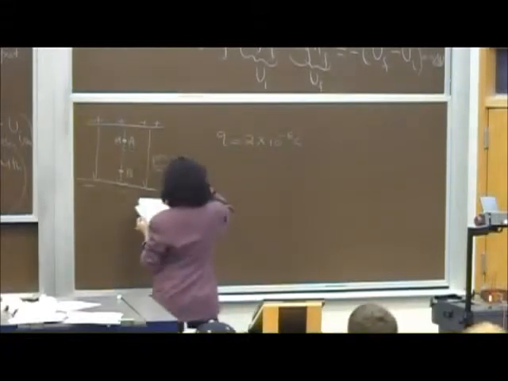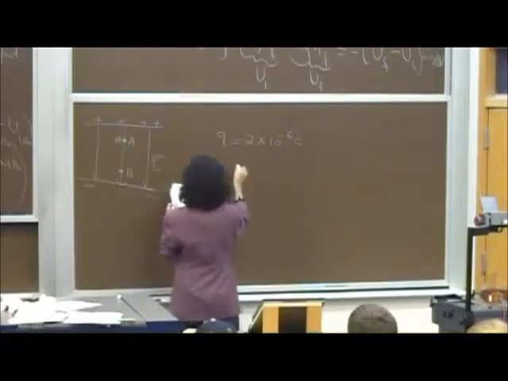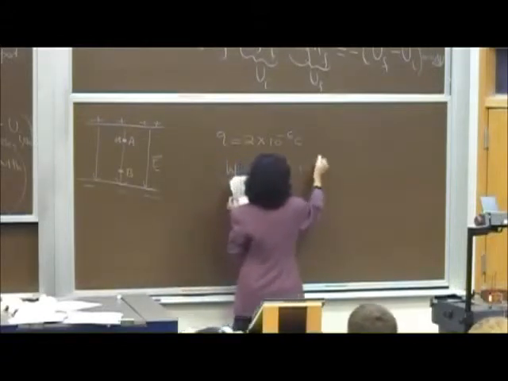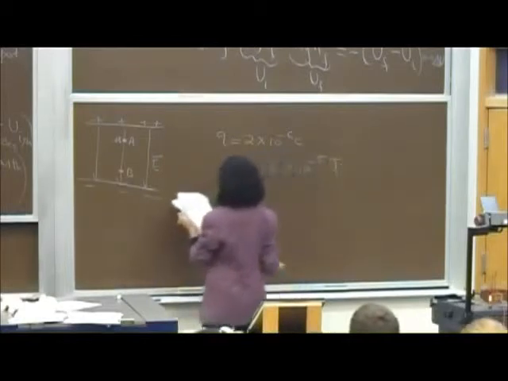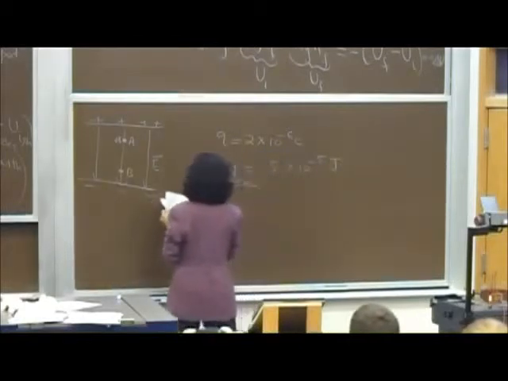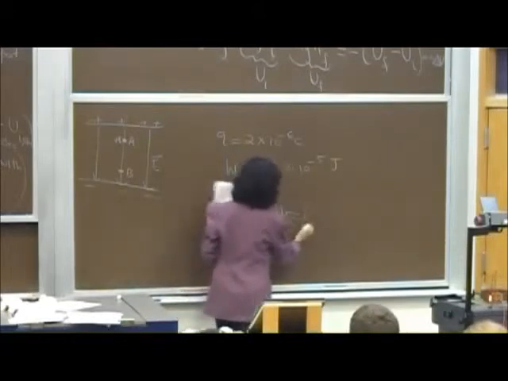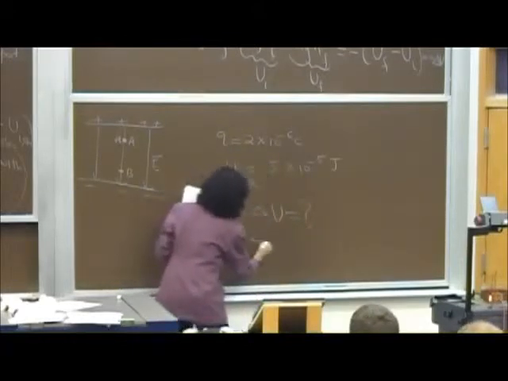It moves from A to B at a steady speed, and you are given that the work done by the electrostatic force is 5 times 10 power minus 5 joules. Part A of the question is, what is delta U? And part B is, what is delta V?